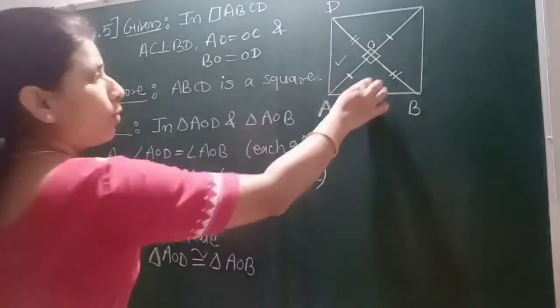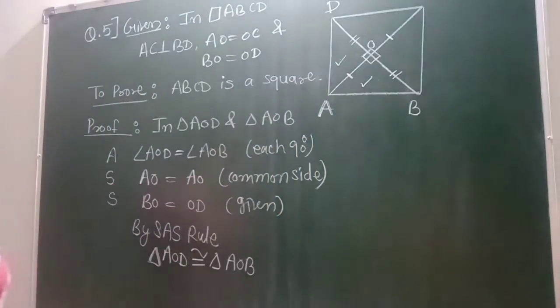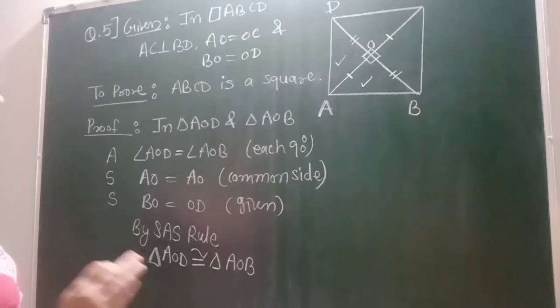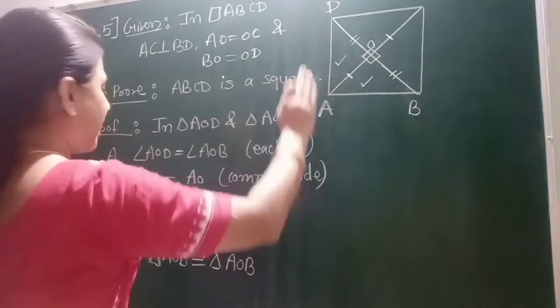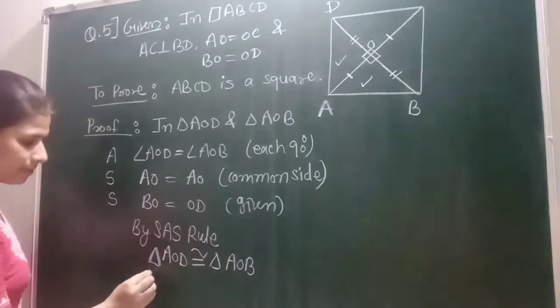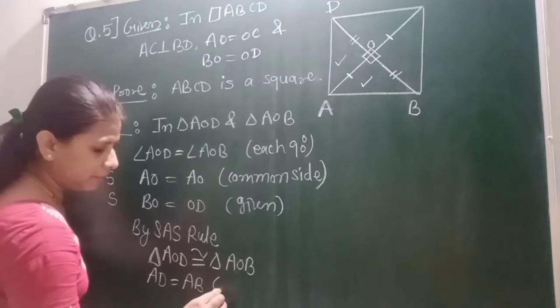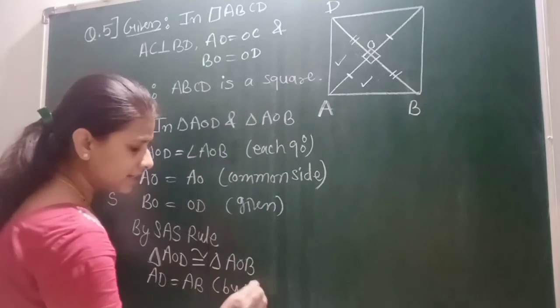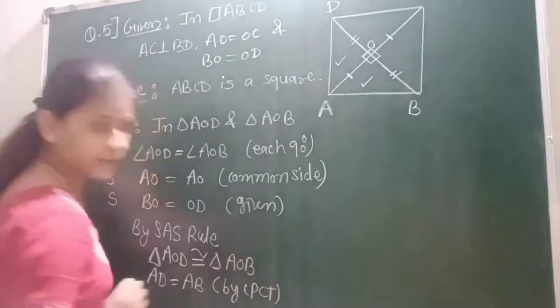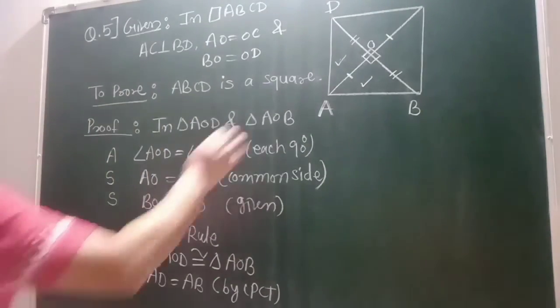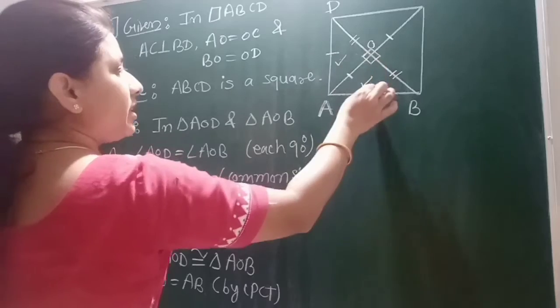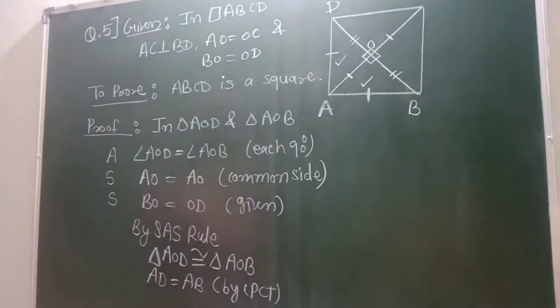It means both are congruent, and as we know, when triangles are congruent, their corresponding sides are equal. So we can write AD equals AB by CPCT. Okay, student. This side AD is equal to this side AB.